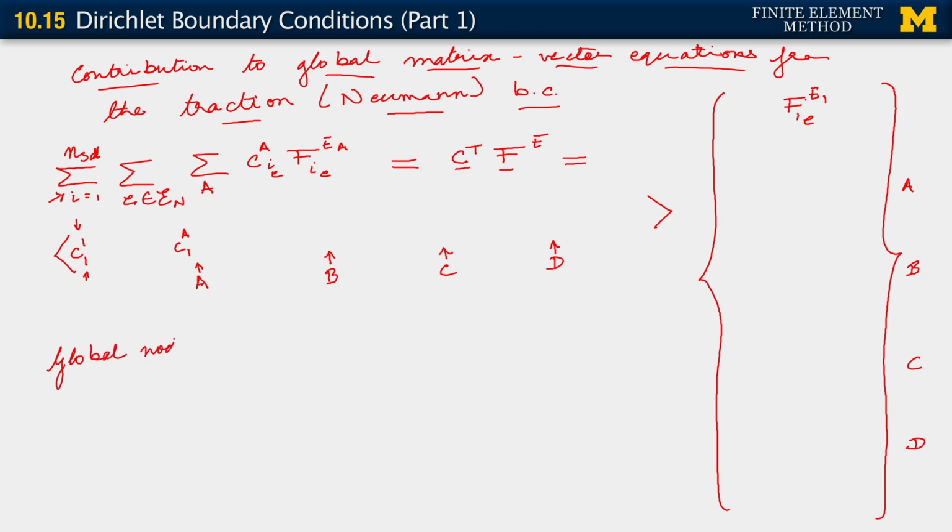Global node A lies in partial omega T bar 1. That's the only way we would have a non-zero contribution to the F vector from global node A. So let's assume that this is true. Let's consider the case where A does lie in partial omega T bar 1.